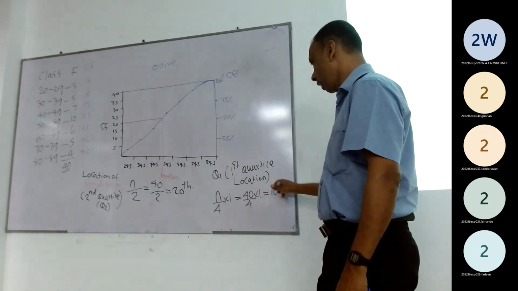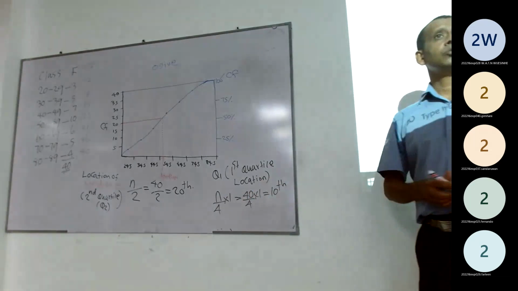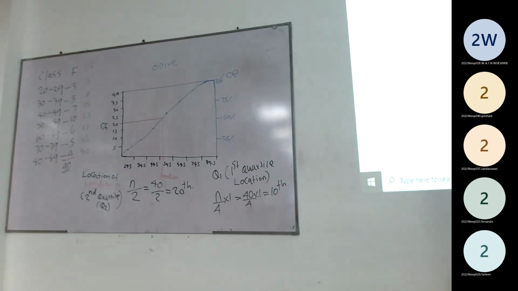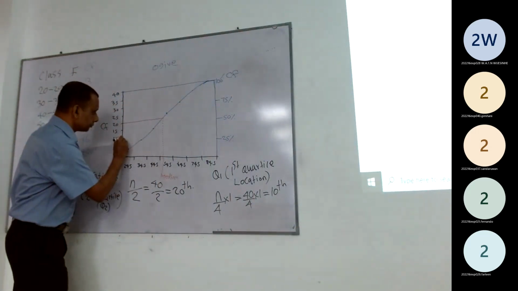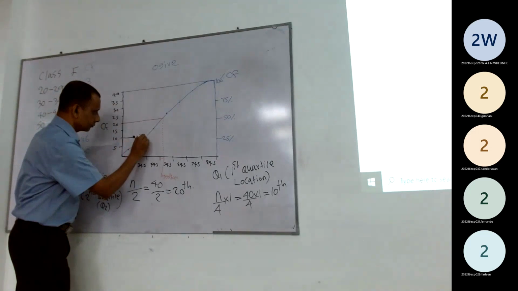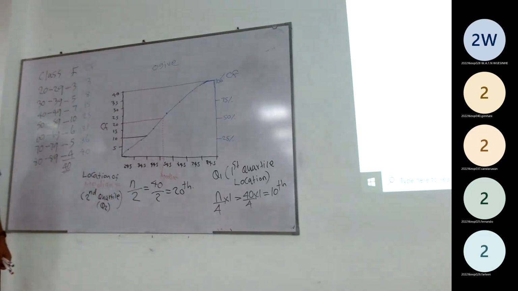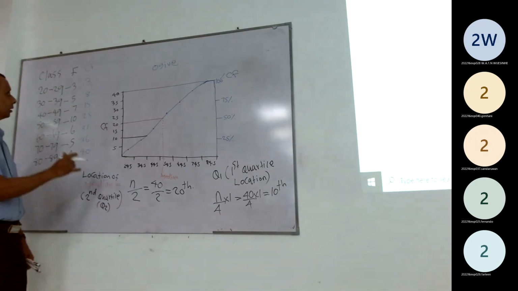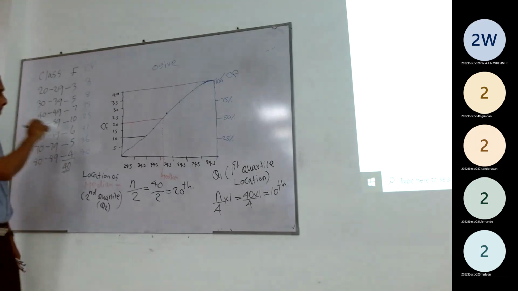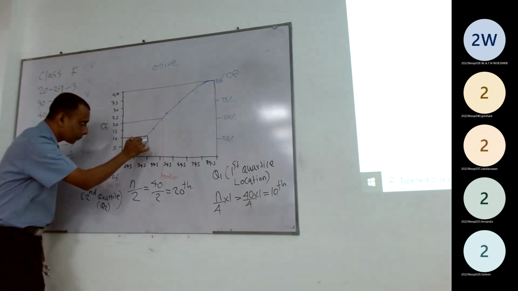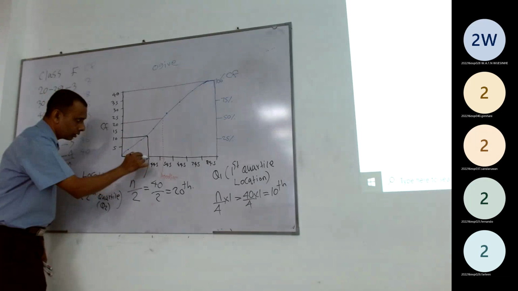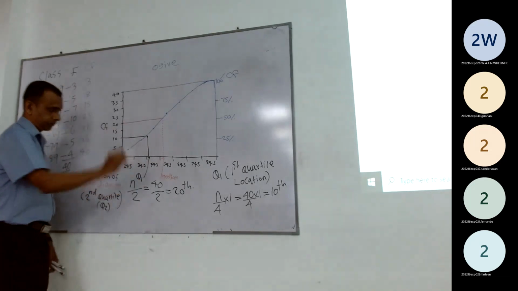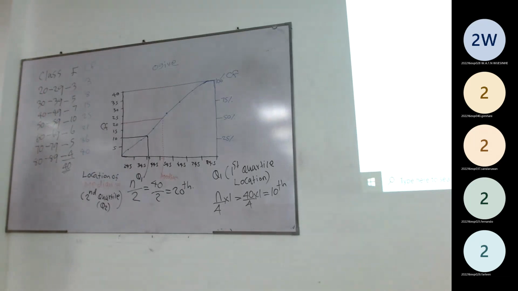That is the 10th one. Right, now construct from 10 here, and then you come to this. This is your first quartile, Q1.